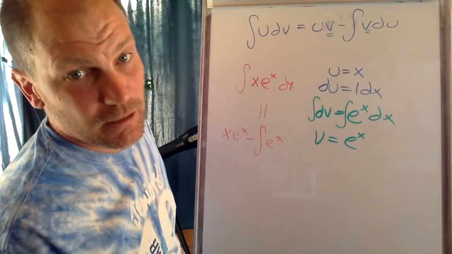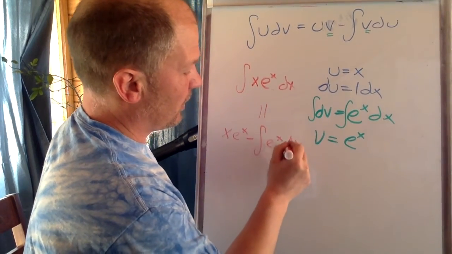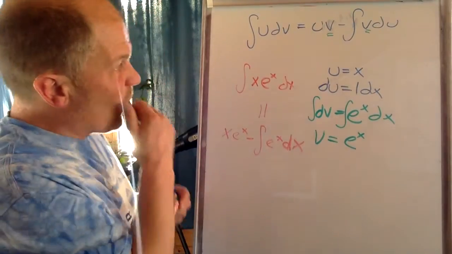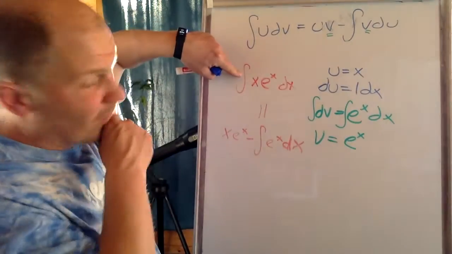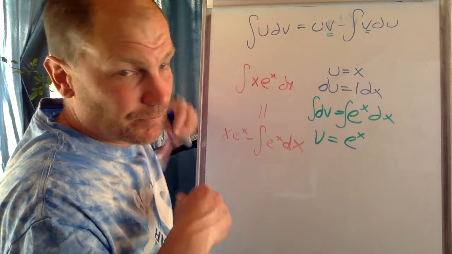We don't need the 1, so we just say dx. I'm sorry that that's not coming up very clearly right now. Okay, so we're saying that this, our initial expression, is the same as this.